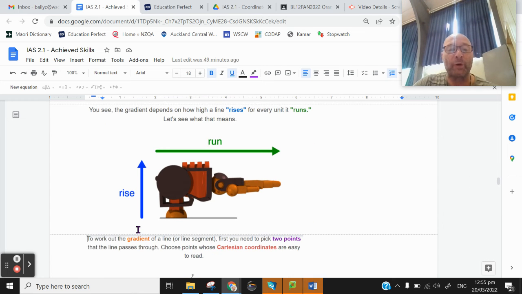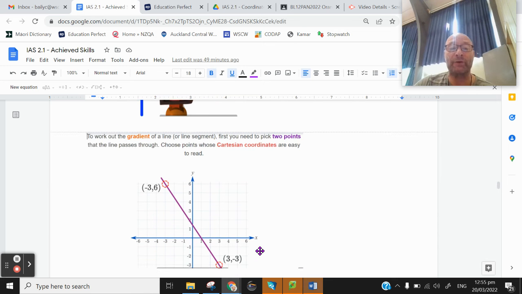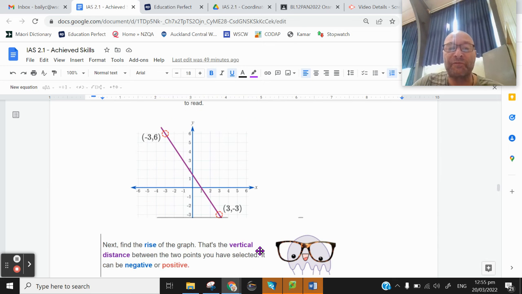So you should have heard this before, that the rise over the run tells us the gradient of a line. First, you need to pick 2 points that the line passes through, and choose points that are easy to read. Specifically, choose a point that's at the intersection of the background grid. So the point -3, 6 is a good point to choose because it's at the intersection of the background grid.